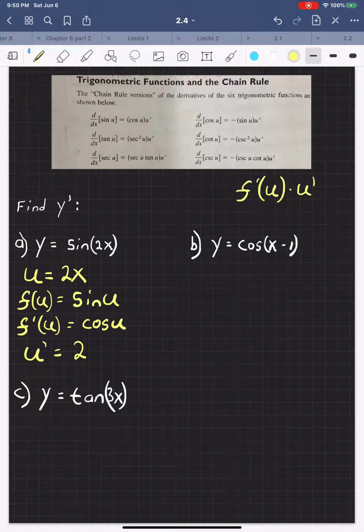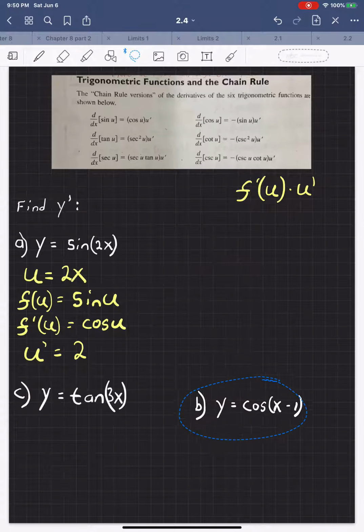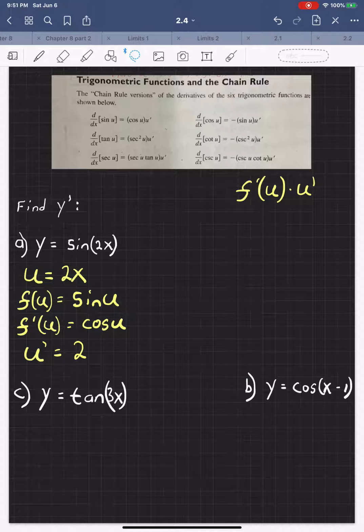So to finish this up, plugging everything in for my chain rule, I'm going to go ahead and do that substitution where I plug 2x back in for u.